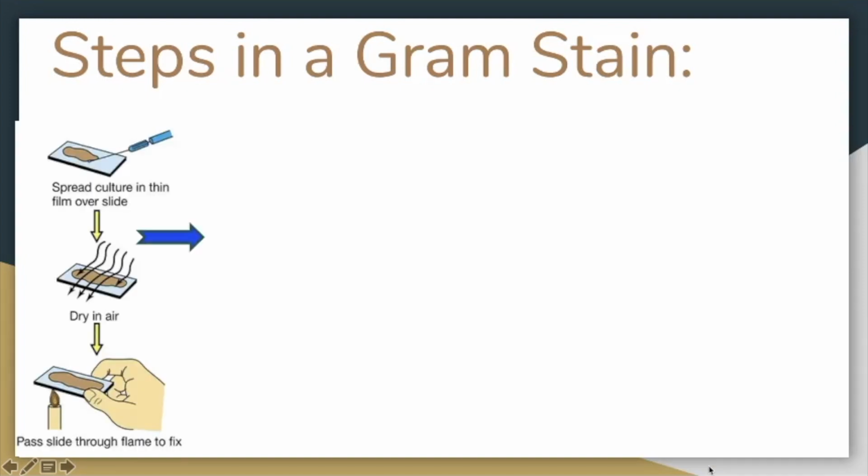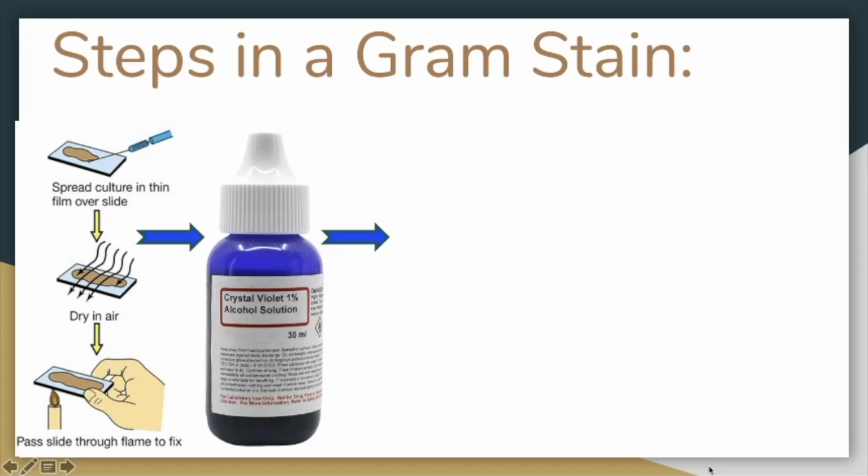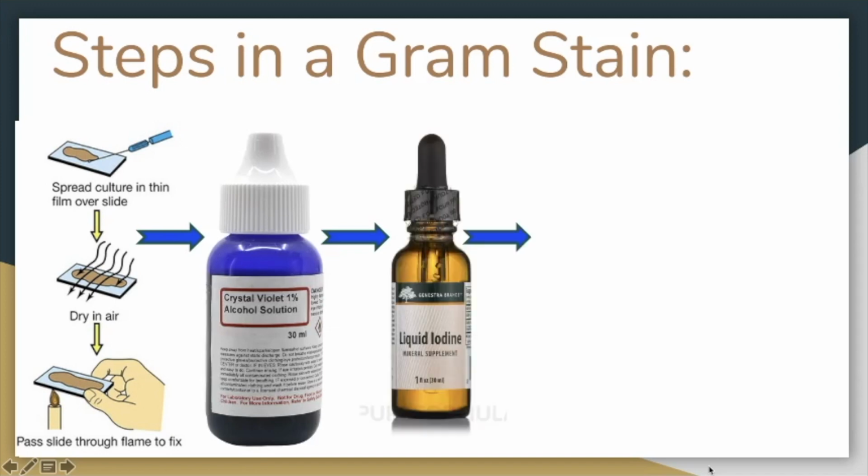Number one, you take a culture, you apply it to the slide and either allow it to air dry or actually heat fix it. Basically, you allow the liquid sample to dry on a slide, and then once it's dry, you place the slide over a heat source, and we call that heat fixing. Then you place the first stain, which is your crystal violet solution, on.